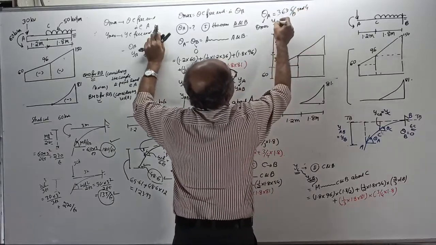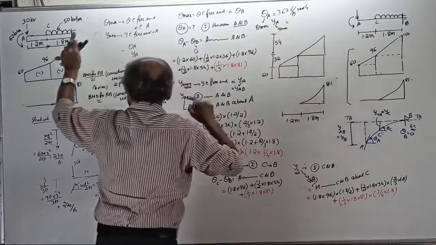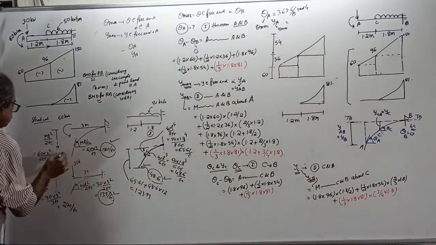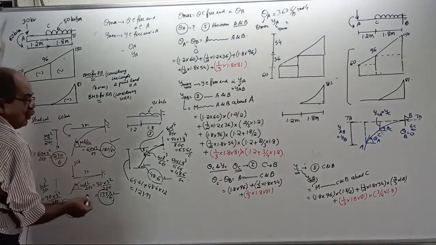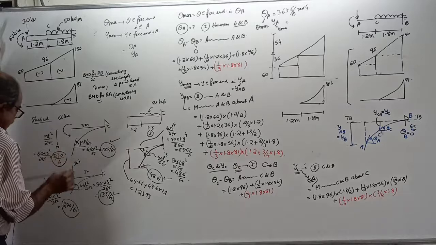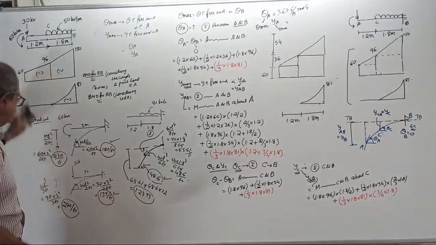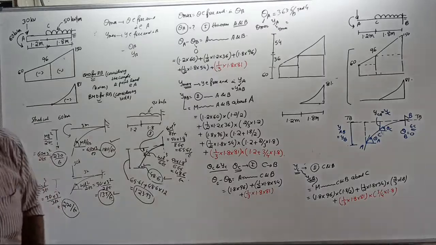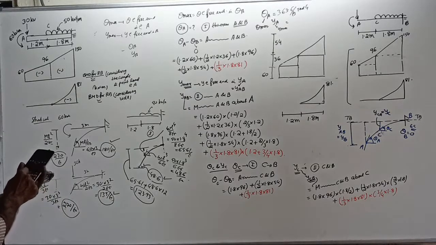And deflection at A, that is your Y max, should be how much? Start. 270 by EI plus, once again 270. I don't know why it came the same. 270 plus 270 plus 123.93.